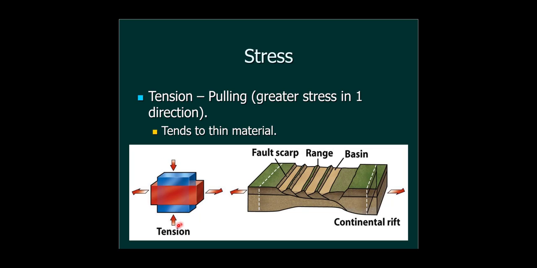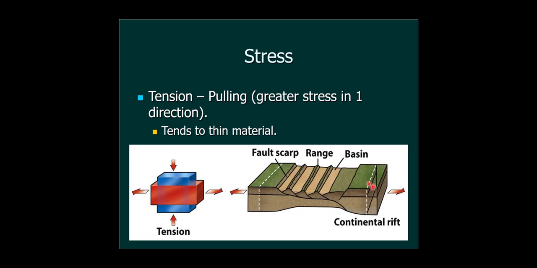Pretend they're not there. Tension is this arrow and that arrow, just pulling on something, right? And so that causes what we would call extension, where something gets thinner and it gets wider. You do not need these two arrows here. In fact, you don't even want them, because that's something different.